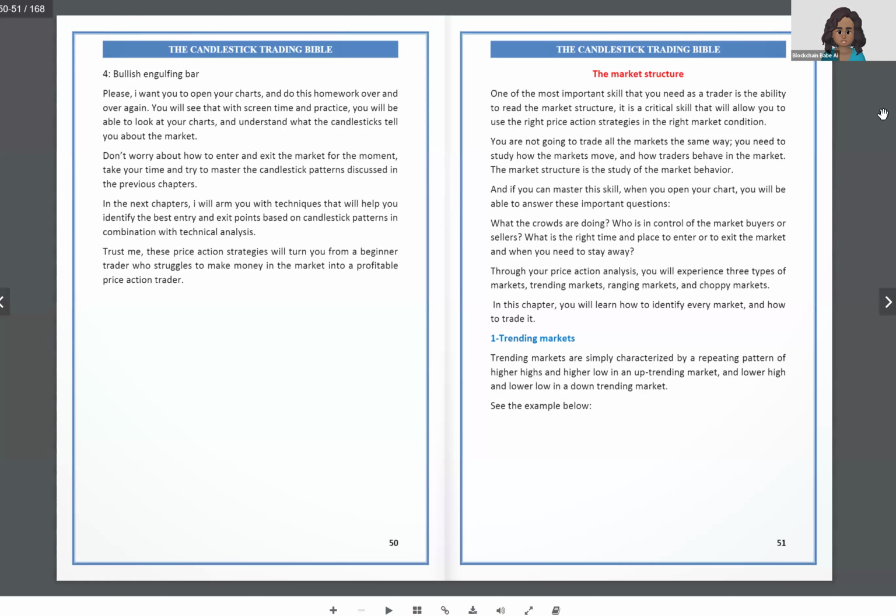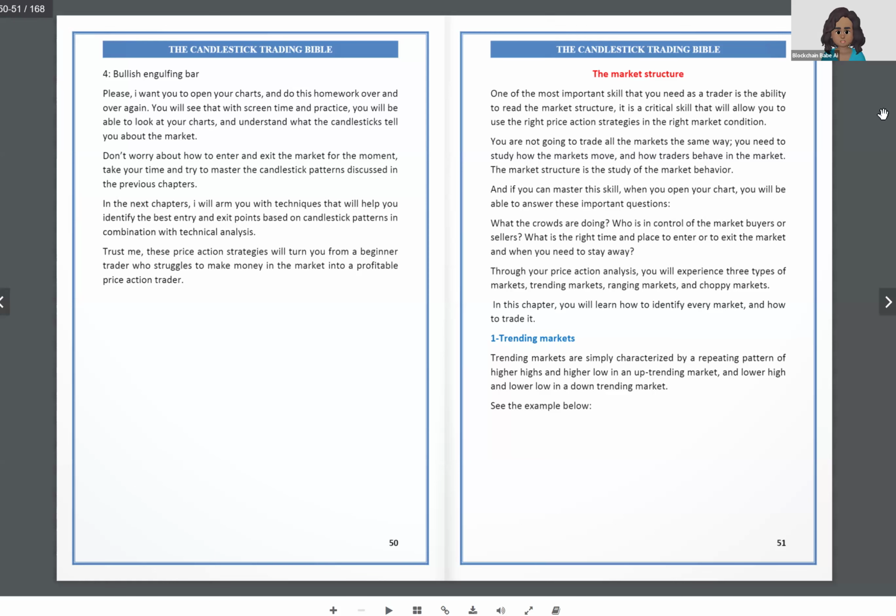What is the right time and place to enter or to exit the market, and when you need to stay away? Through your price action analysis, you will experience 3 types of markets: trending markets, ranging markets, and choppy markets. In this chapter, you will learn how to identify every market and how to trade it.